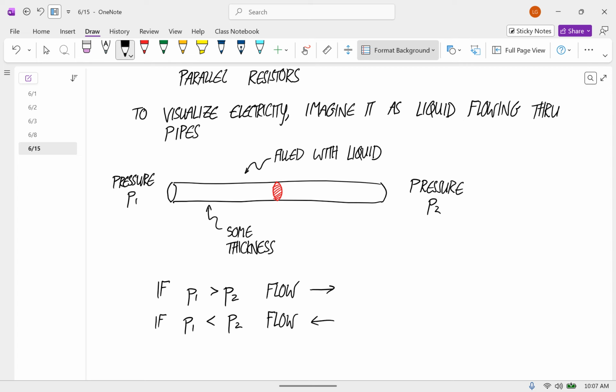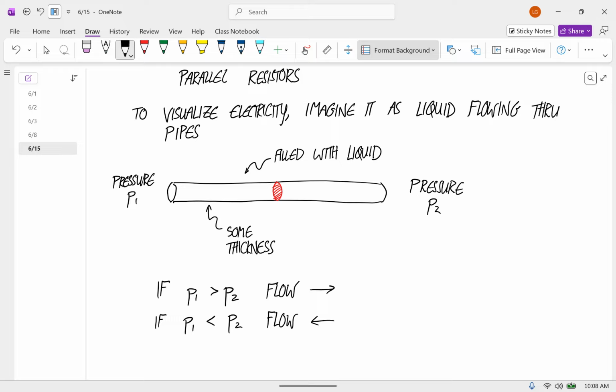And it doesn't matter what those pressures are. Atmospheric pressure in SI units is about 1 times 10 to the 5th pascals. So if you have a pressure of 2 pascals on the left side and 0 pascals on the right side, you'll get some motion of the liquid from the left to the right.